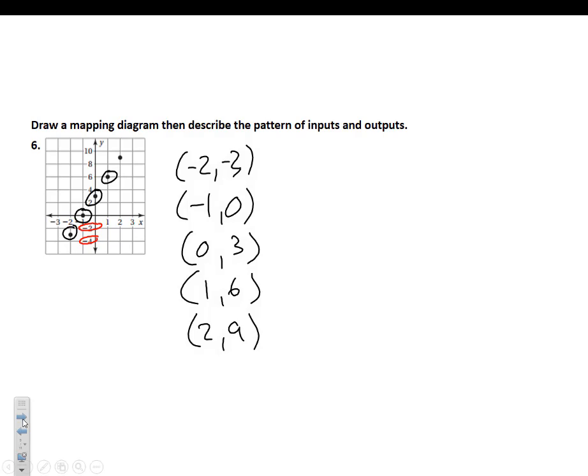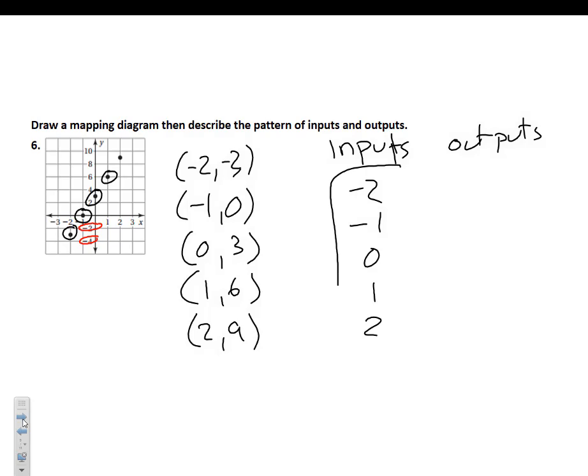So let's make our mapping diagram of our inputs and outputs. I'm going to list my inputs, -2, -1, 0, 1, and 2. Bingo. And I'm going to list my outputs, -3, 0, 3, 6, and 9.